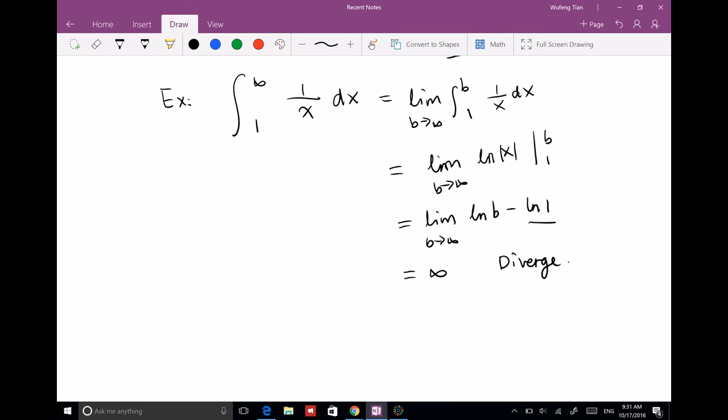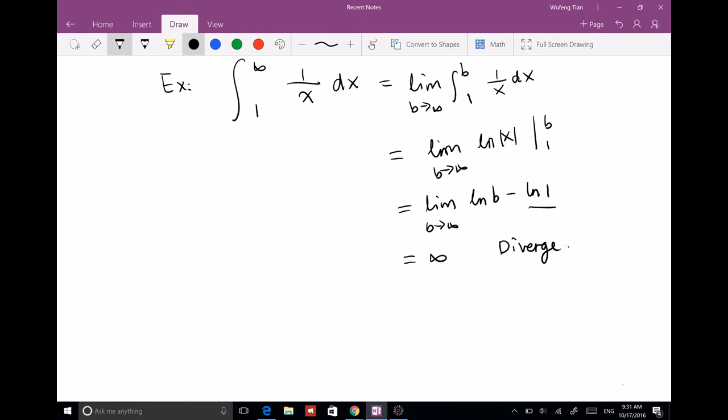Then let's look at one more example. Not divergent, but just another one, because we have infinity. Whenever you have infinity, you have limits. Sometimes you have to use L'Hopital's rule. Some people say L'Hopital's rule, but it's two people's names together.